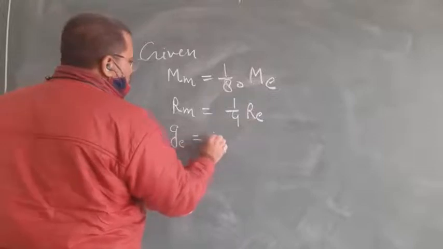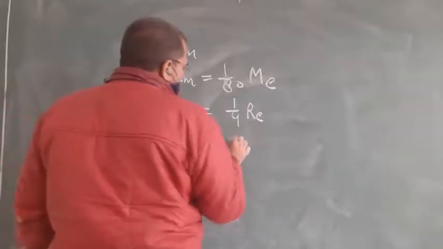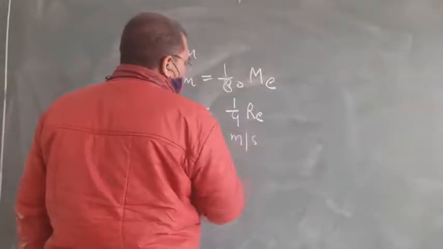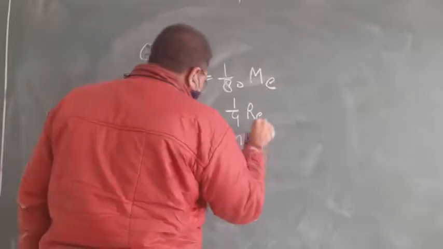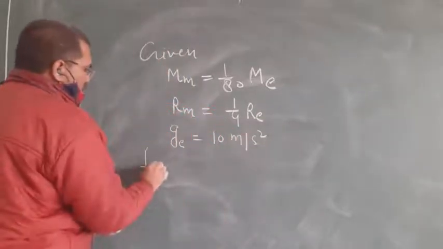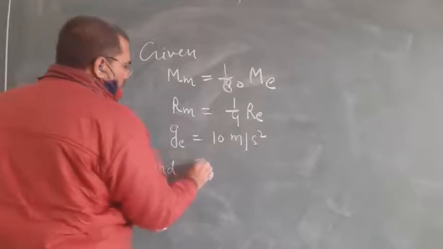Gravity of Earth is 10 meter per second square. Find the gravity of Moon.